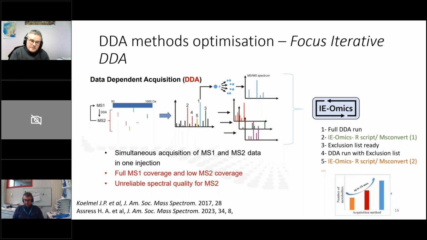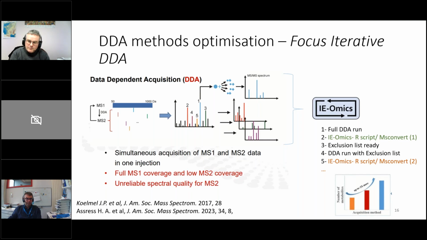And you start the second acquisition, and when the new spectra come, the system will check if it is allowed to fragment these ions. And so slowly and step by step, you can do, let's say, 3-4 consecutive injections of your samples, and have ions with lower and lower intensity selected and fragmented.